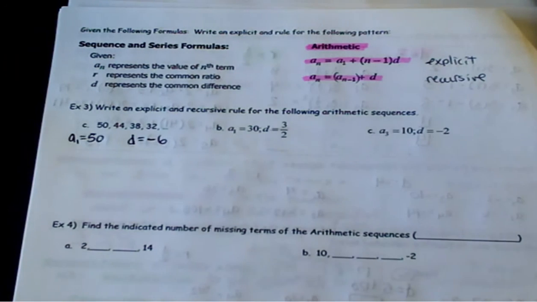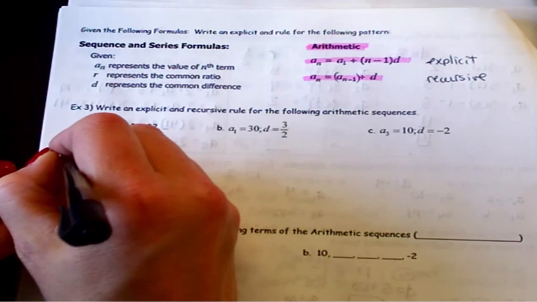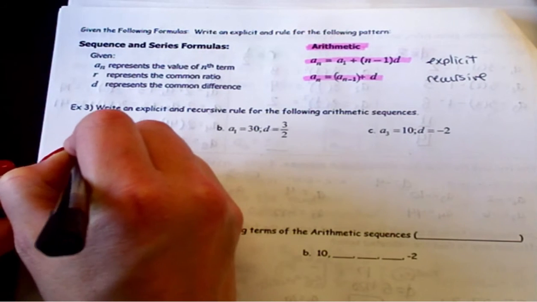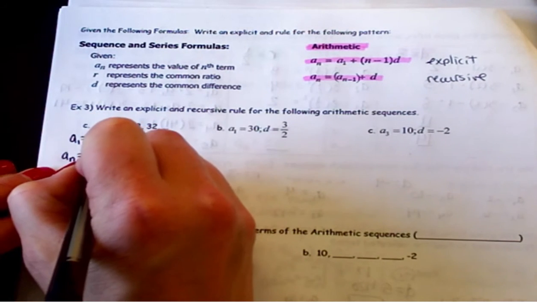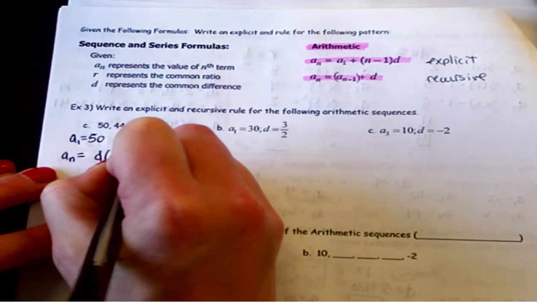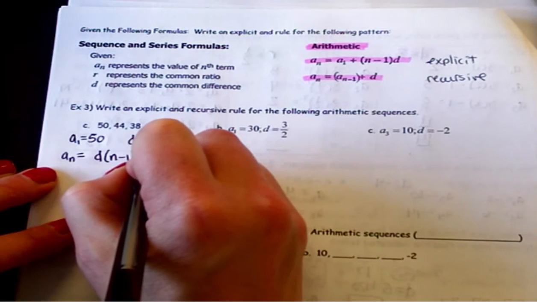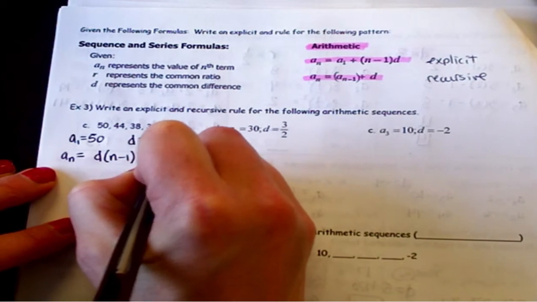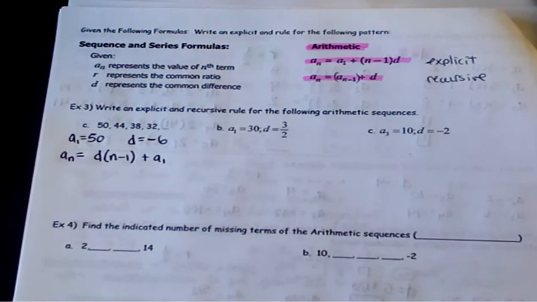And then I plug it into the formula. Okay, so I'm going to write my formula. A sub n equals. I'm going to write mine in this format. It's point slope form. That's what it is. Notice that the d is the slope.